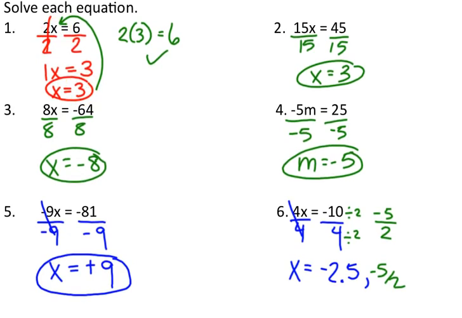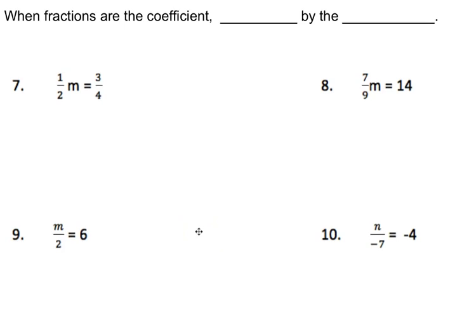Let's look at division problems where we're going to multiply. Division problems can be tricky because you're going to see fractions and people tend to hate fractions. So when there is a fraction in front of the variable, so the fraction is the coefficient, we're going to multiply by the reciprocal.